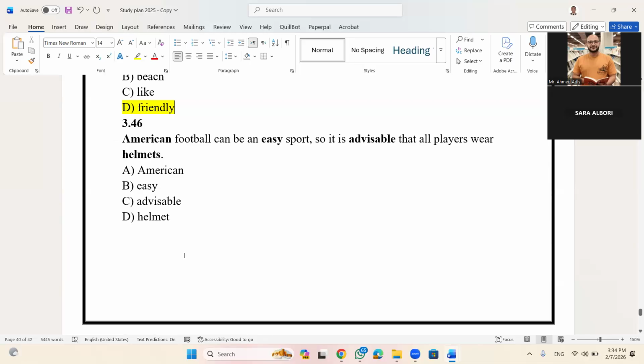So it's advisable, I mean all people advise you to wear a helmet. Find the paradox. Where is the paradox here? I'm saying that football is easy, so wear a helmet. So why should I wear a helmet if it's easy? So there's a paradox here. Easy does not make sense here, right?